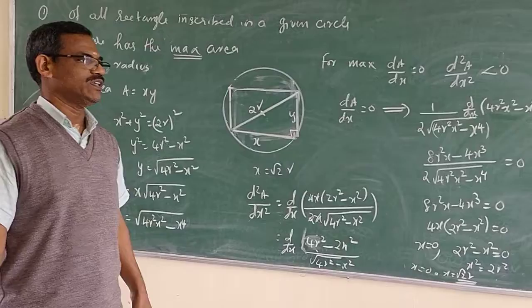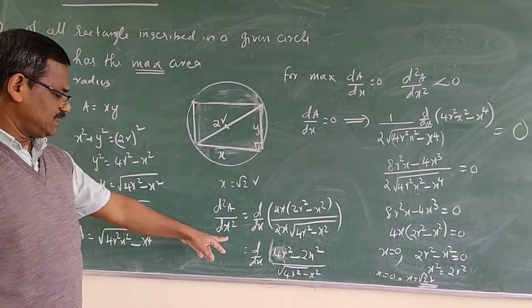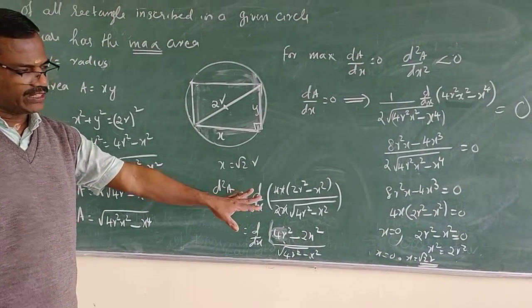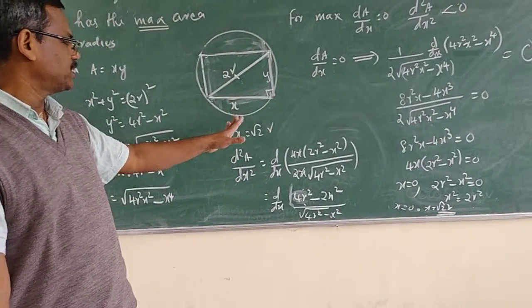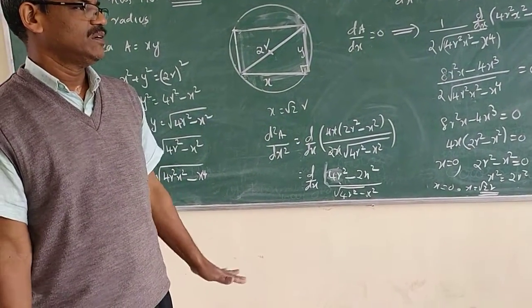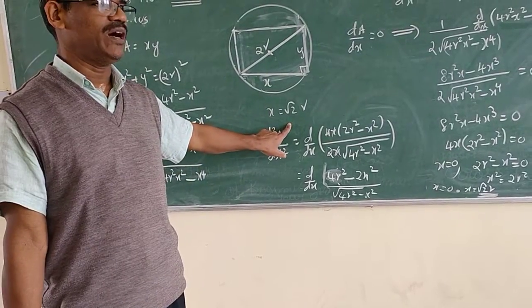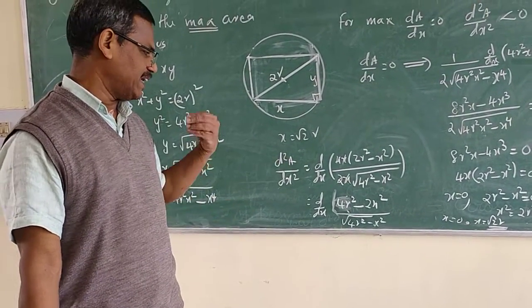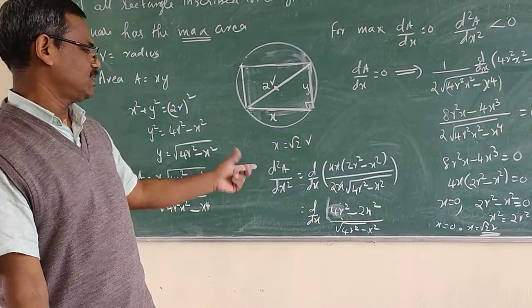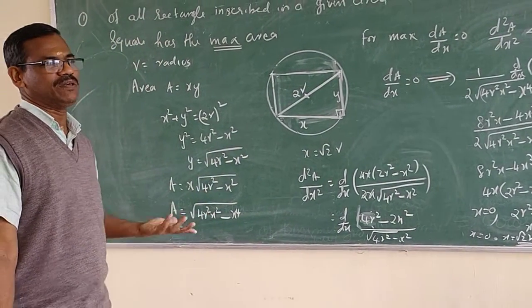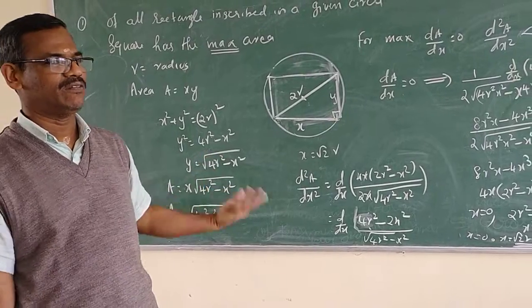You have to find the derivative, and I suggest you not waste much time finding the derivative and showing that it is negative, because we have only one value. It is better you directly write that the derivative at the point is negative, because if more than one value is there, there is a meaning in checking.